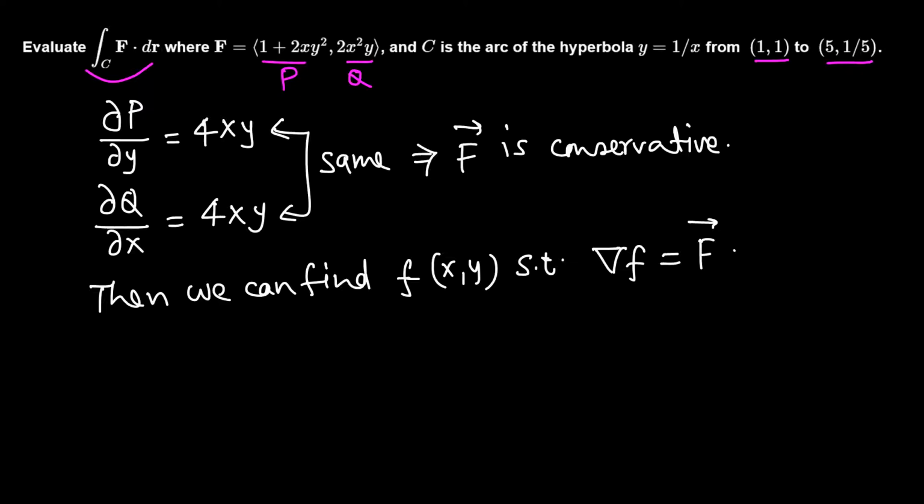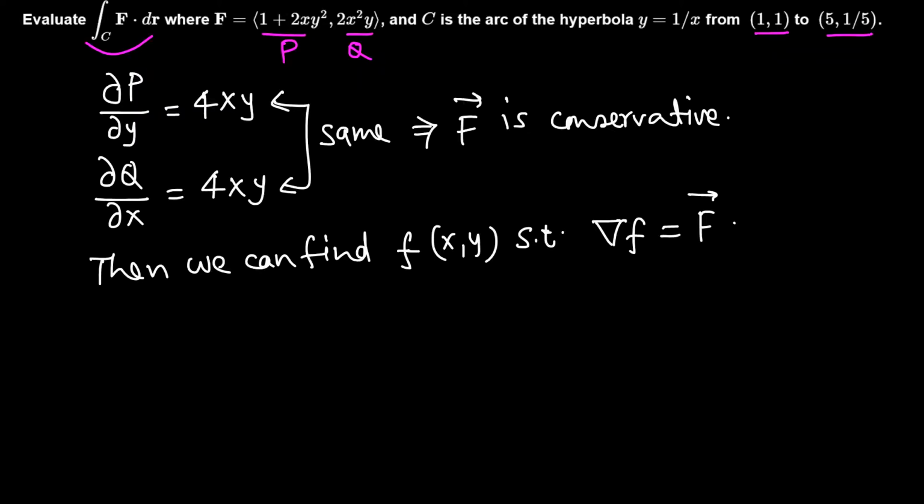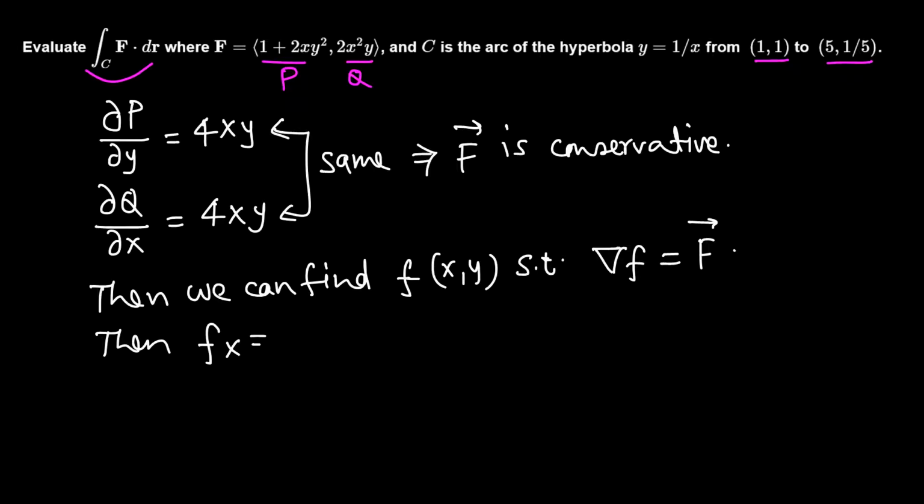And to find this f, what happens is the partial derivative of this potential function with respect to x is P, the first part, 1 plus 2xy squared, let's say equation 1. I'm going to find this potential function f.